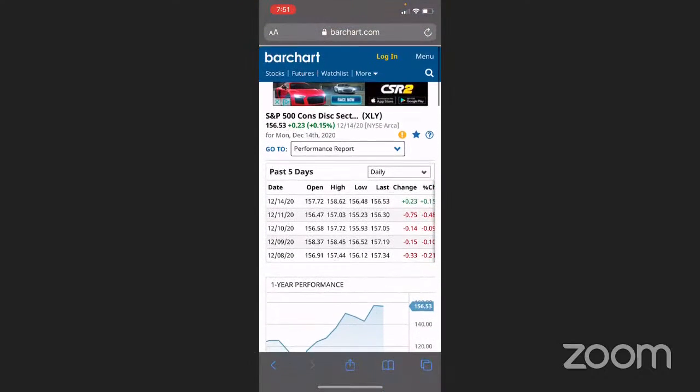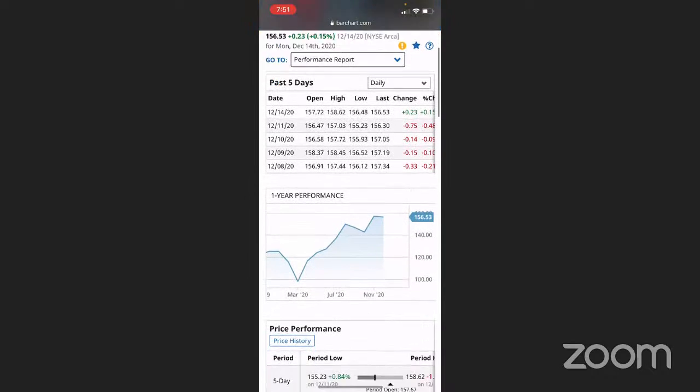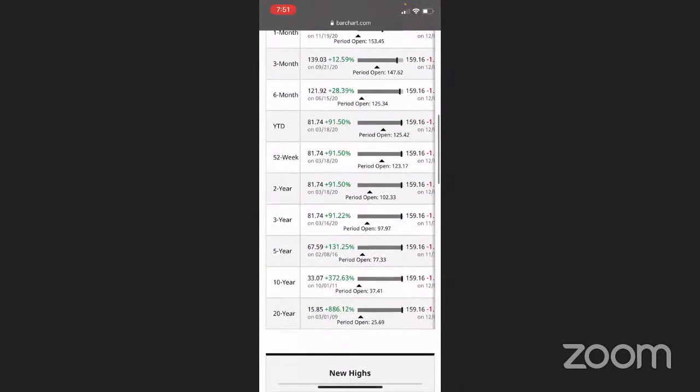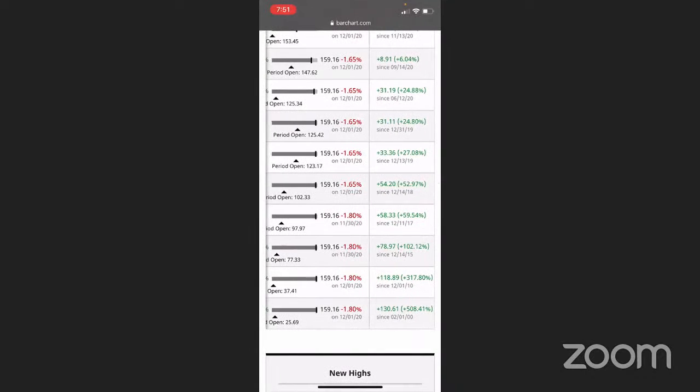The current stock price is 156.53. I'm going to round that up to 157. We're going to go to the 2-year performance because we're looking at a January 2023 call, so we have 2 years left at the time of this recording. You always look at the performance based on how long the option expiration is.